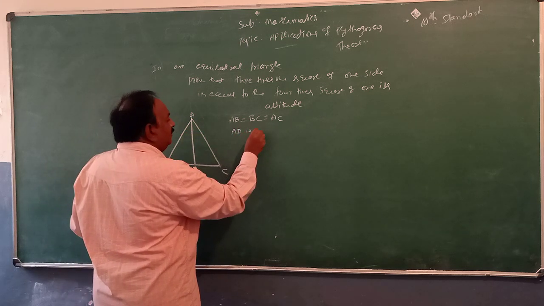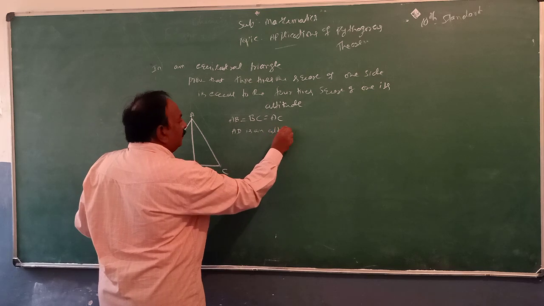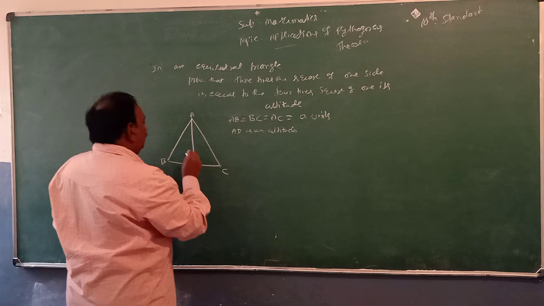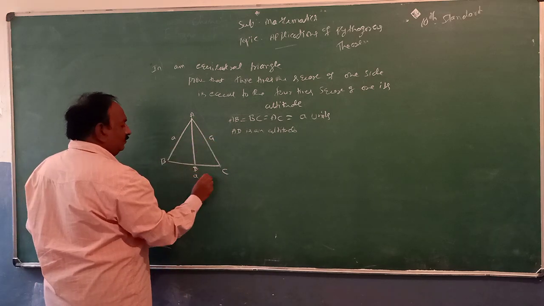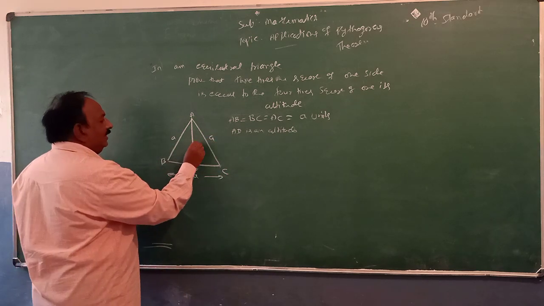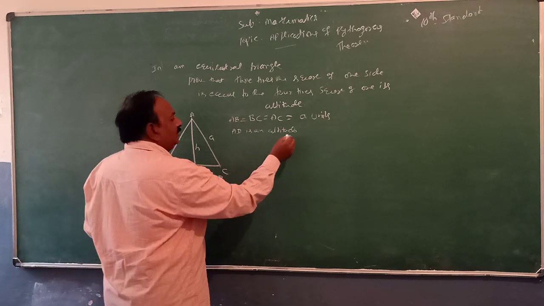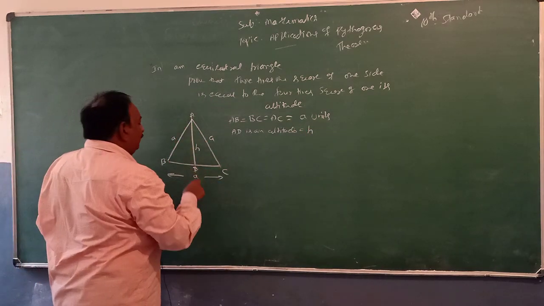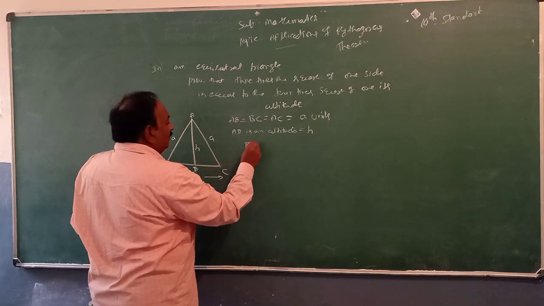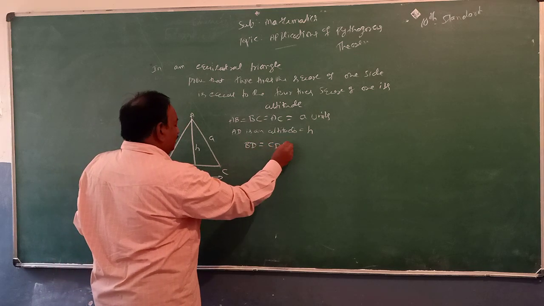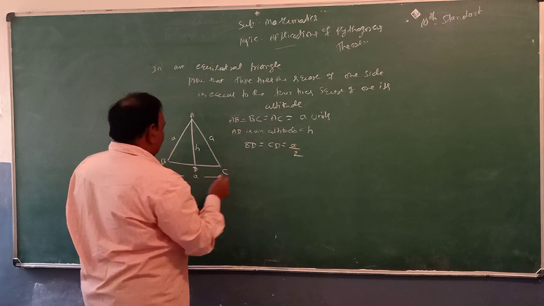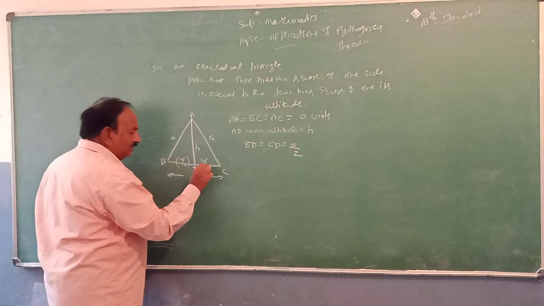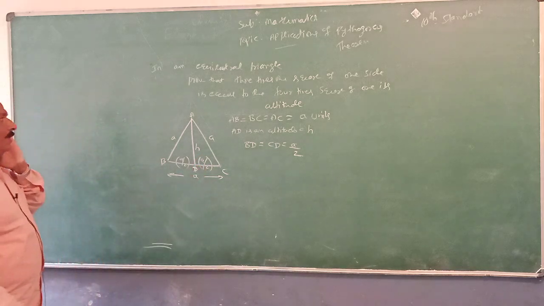Let each side be A units, and let H be the altitude. The perpendicular bisects the third side, BD is equal to CD is equal to A by 2, because the total distance is A. This is A by 2, this is also A by 2.